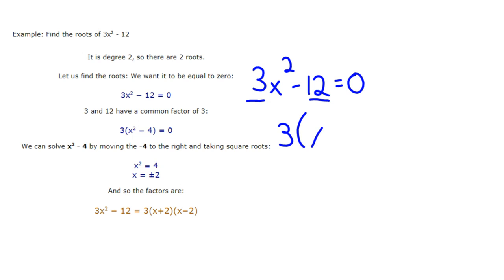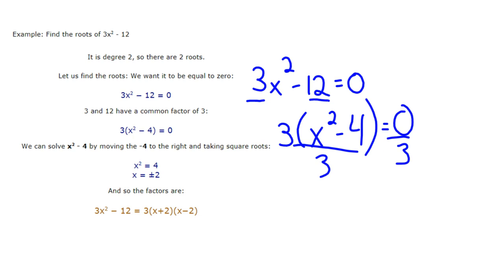We'll be left with x squared minus 4. The whole thing is still equal to 0. Oh, I'm sorry, it helps to know how to factor. Now we can solve. First thing we'll do, divide by 3 on both sides to cancel out this 3. 0 divided by 3 is 0.